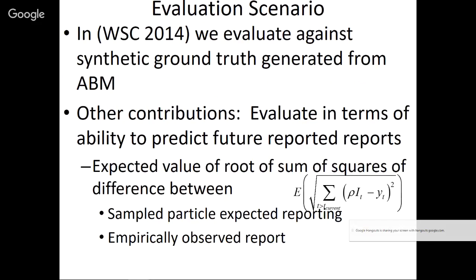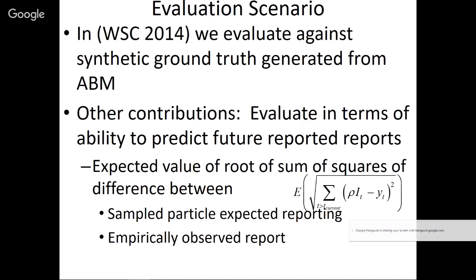Broadly speaking, we have sought to evaluate particle filtered models two ways. One is to use synthetic ground truth. So we actually have empirical data that's generated from a much more complex agent-based model, for example, where we know the precise situation, and we assess the degree to which adding particle filtering to a dynamic model improves the ability to estimate that underlying state of the system that was used to generate the empirical data, the state of the agent-based model.